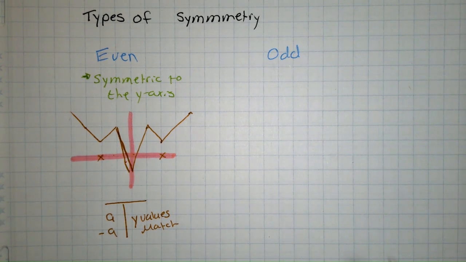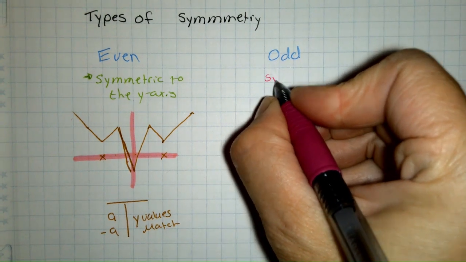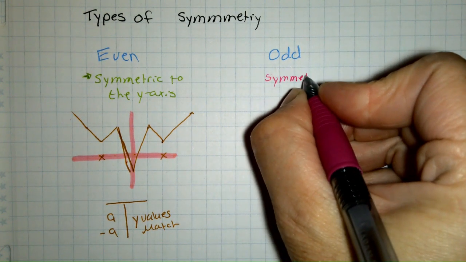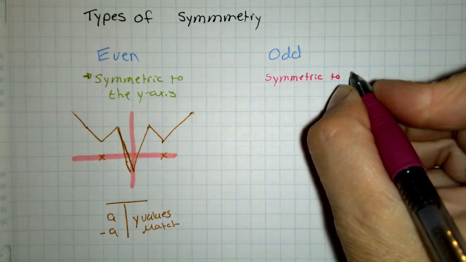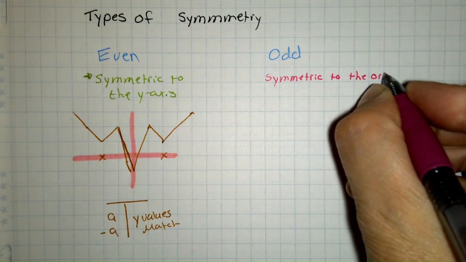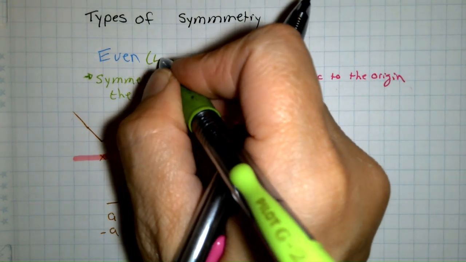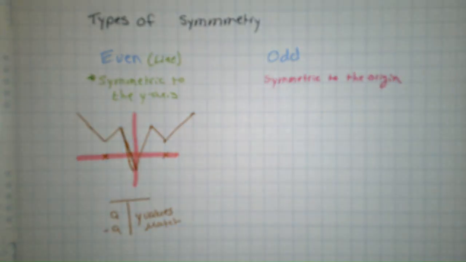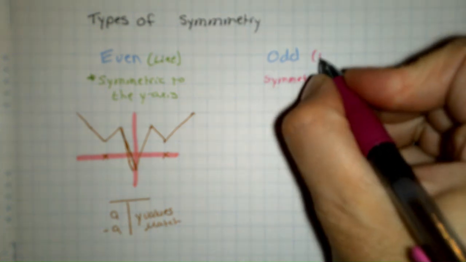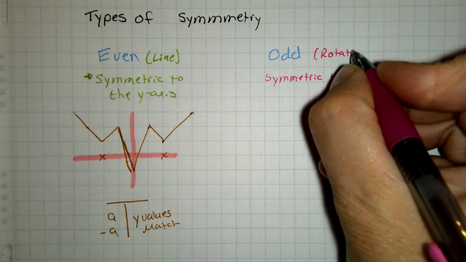So an odd function. This is called symmetric to the origin. Whereas this one was line symmetry, this one's going to be rotational symmetry.